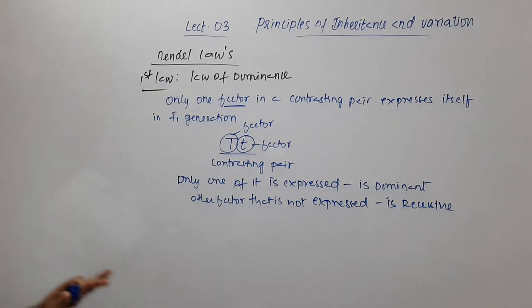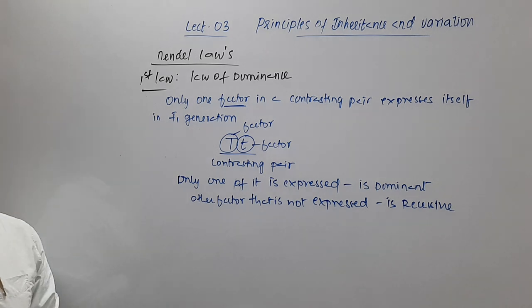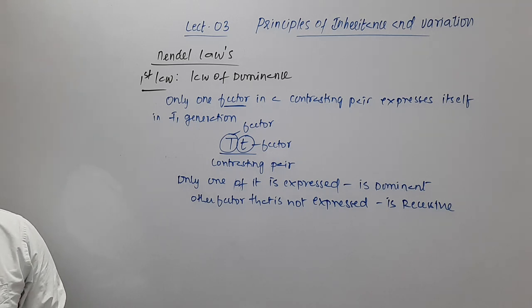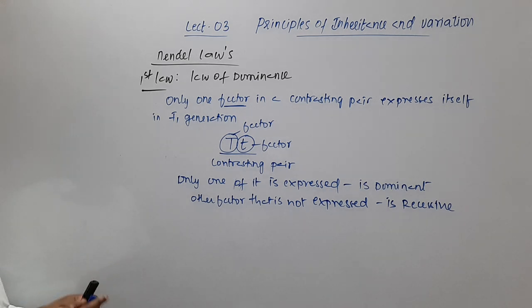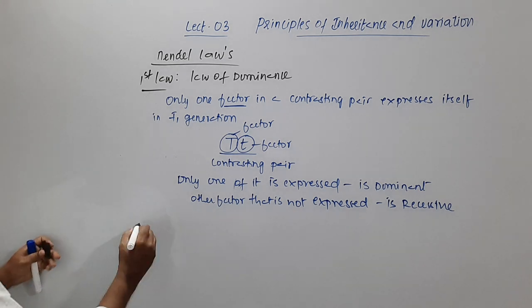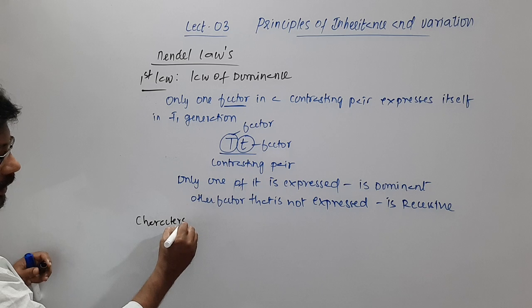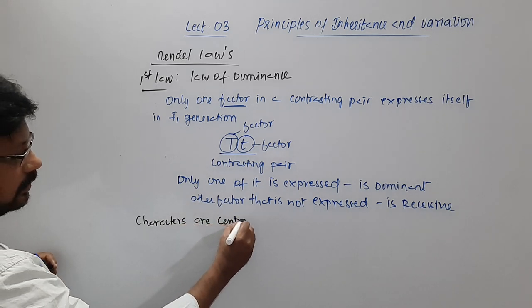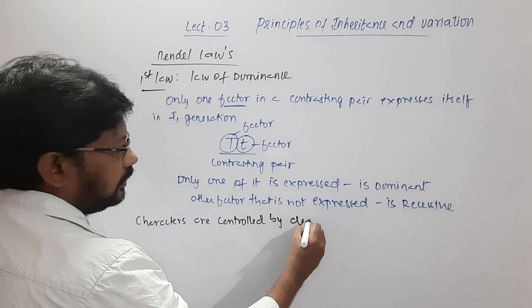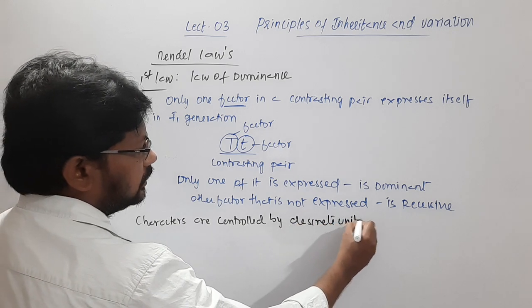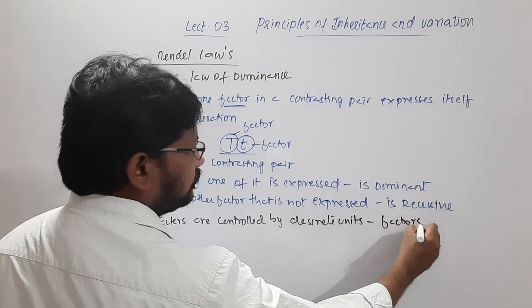So according to the law of dominance, Mendel states that only one factor in a contrasting pair expresses itself in the F1 generation. He mentioned a few points on this. First, characters are controlled by discrete units called factors.